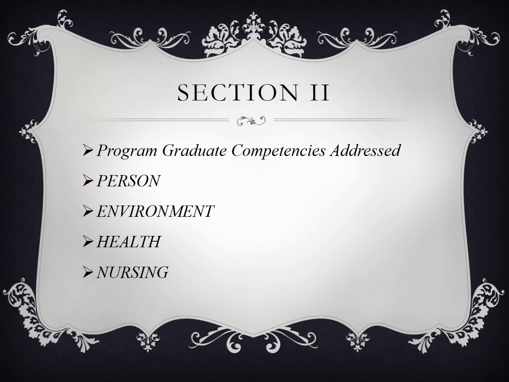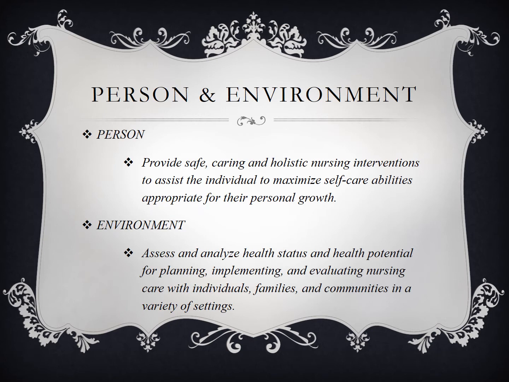Section 2. Program graduate competencies addressed will include domains of person, environment, health, and nursing. Person: provide safe, caring, and holistic nursing interventions to assist the individual to maximize self-care abilities appropriate for their personal growth.